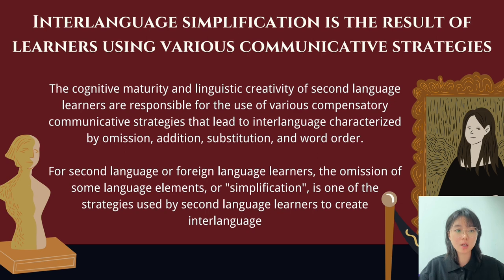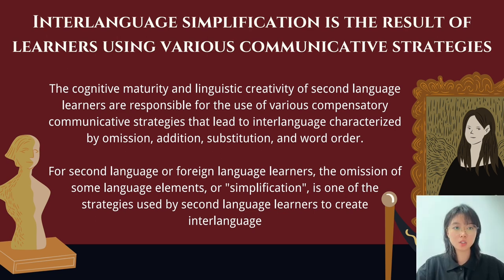It also applies to borrowing language forms from the first and second language to solve the problem of formal complexity. The cognitive maturity and linguistic creativity of second language learners are responsible for the use of various compensatory communicative strategies that lead to interlanguage characterized by omission, addition, substitution, and word order.